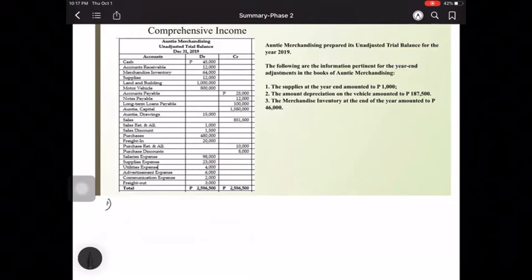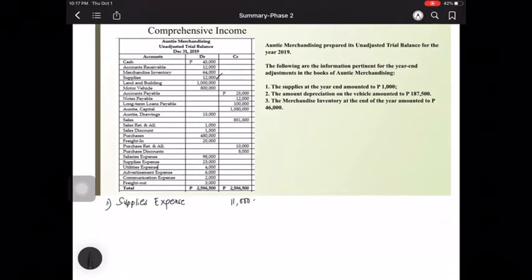What expense account is involved here? We have supplies expense. Okay, so your supplies expense shall be debited for the amount of how much? So in our given here, only 1,000 is left. If originally we have a total of 12,000 pesos as the unadjusted balance of our supplies, to make it 1,000, we have to recognize an additional expense of 11,000 pesos.